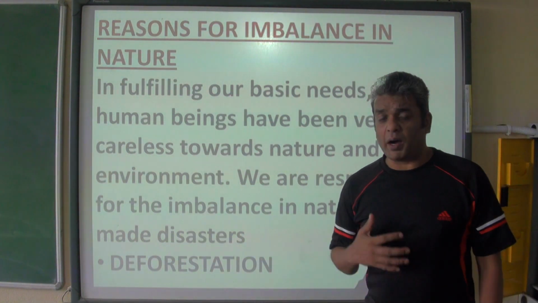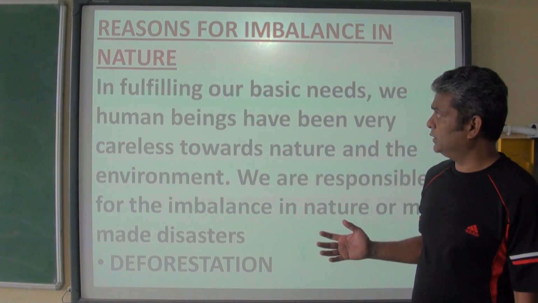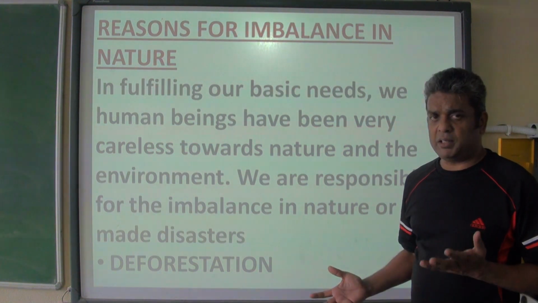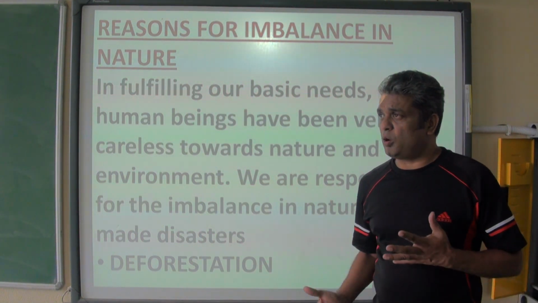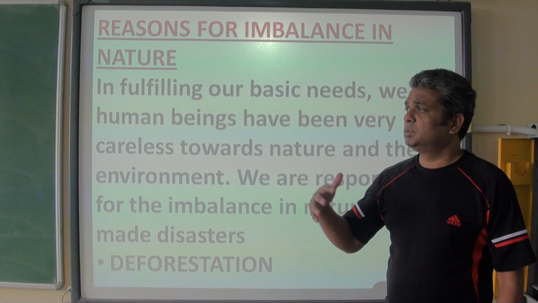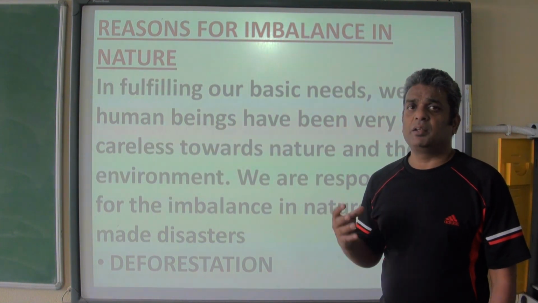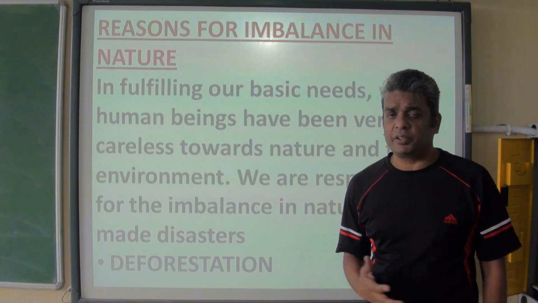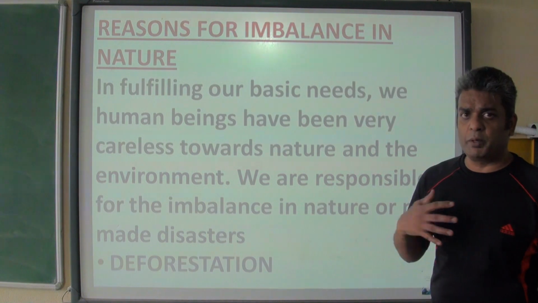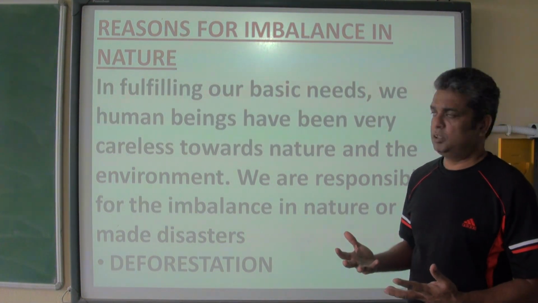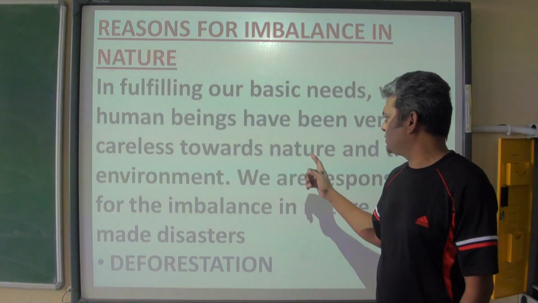Now, we have already learned why balance in nature is required. But there is an imbalance created. You will find that it's becoming very hot these days, or there are sudden changes in the weather. Why are these happening? It is because of imbalance. And how does this imbalance take place? In fulfilling our basic needs, we human beings have been very careless towards nature.